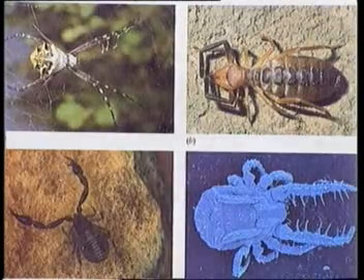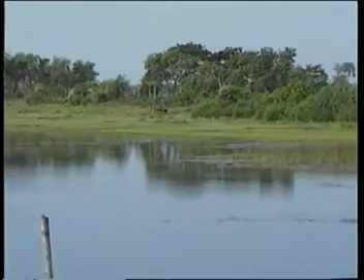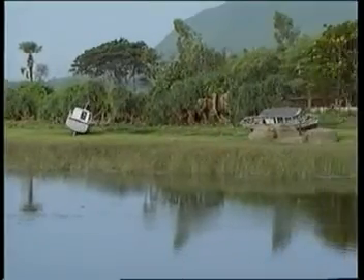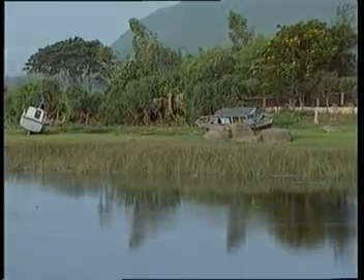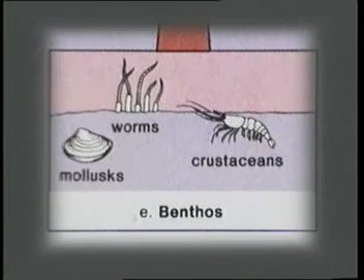Some aquatic plants are visibly rooted in the shallow littoral zone of the lake. Animals like insects and fishes that are able to swim against the current of water are called nekton. Other organisms of the lake are neuston and benthos.